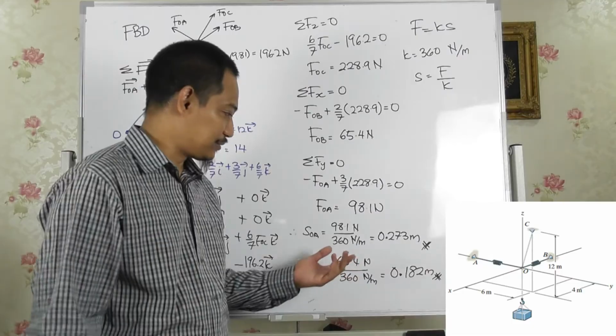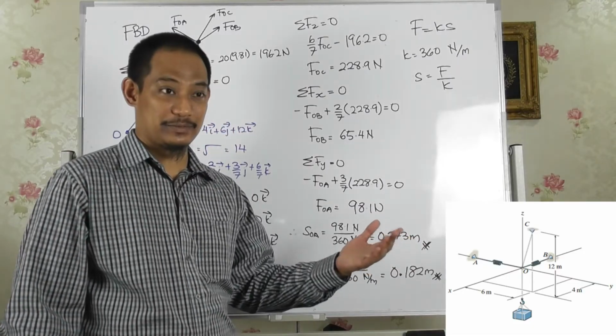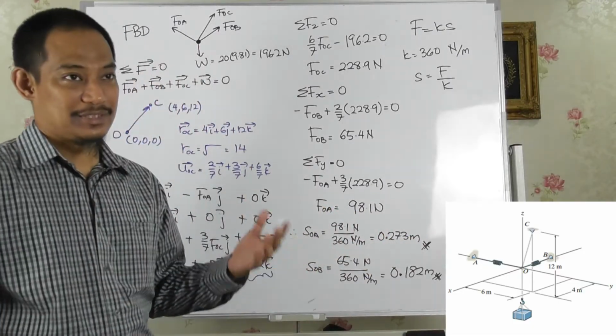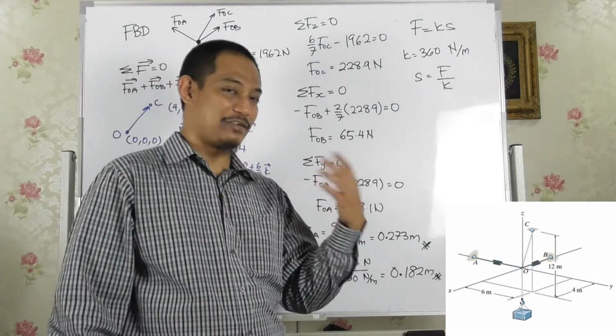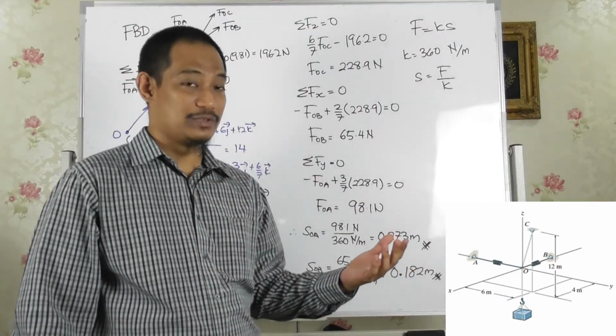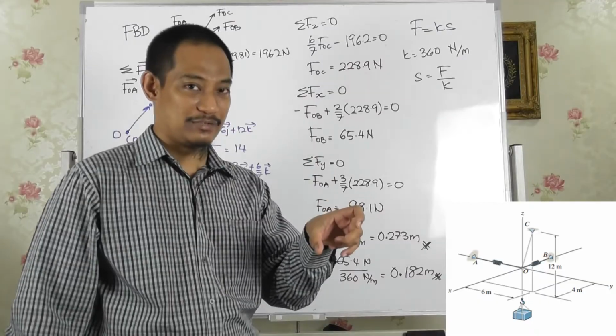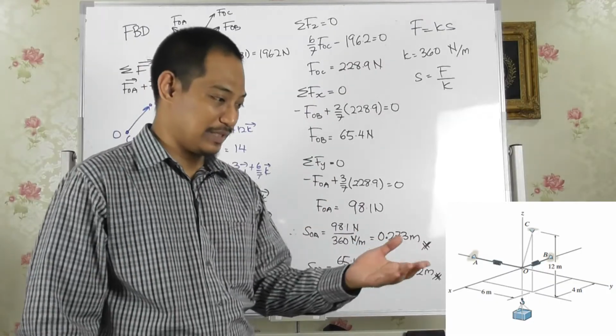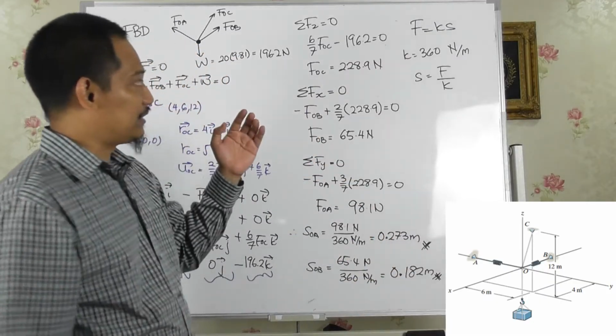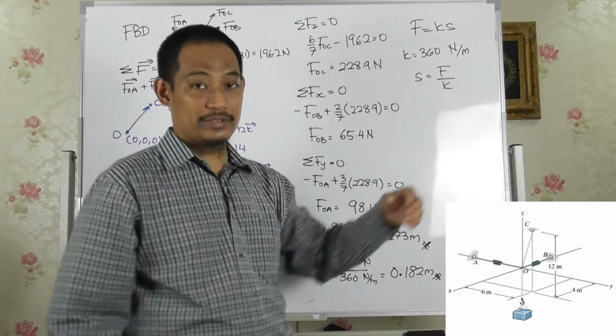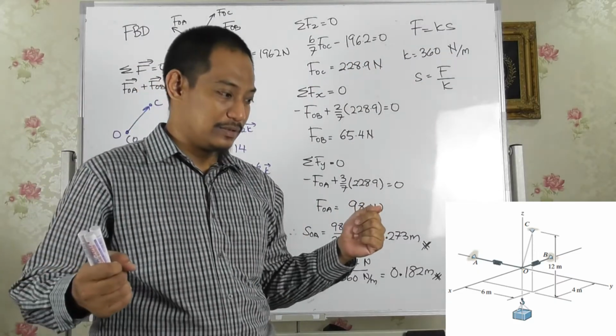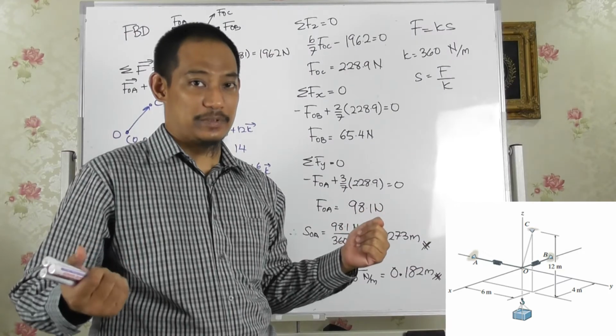You already got your answer, so just ignore anything else. Sometimes, just to mess with the students, some extra information that is not useful is given in the question itself, for example, the unstretched length. But when you are calculating the stretch, the elongation, the original length is not important.